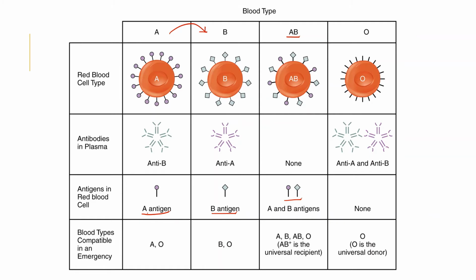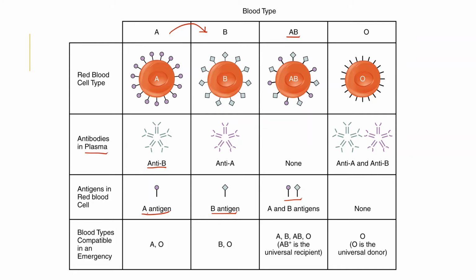Along with the RBCs, the plasma has antibodies. A person who has blood group A, with antigen A on his RBC, has antibody B in his plasma.